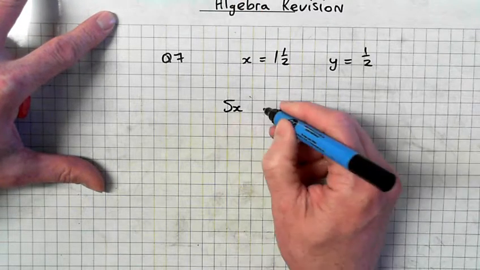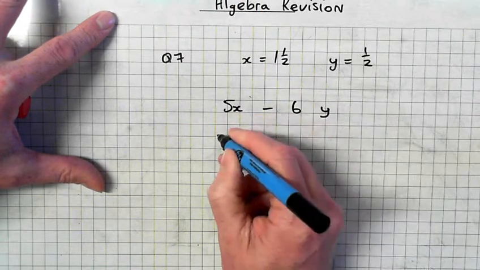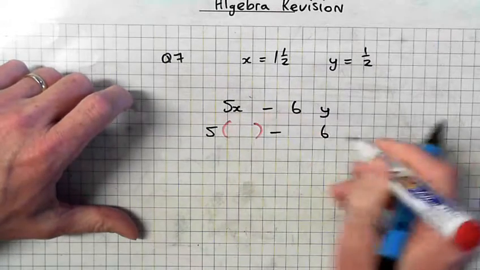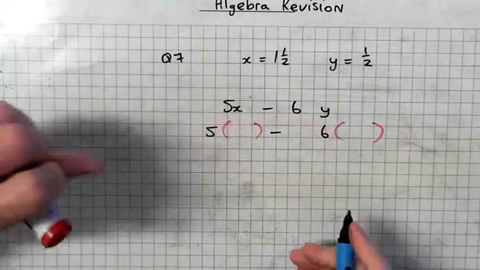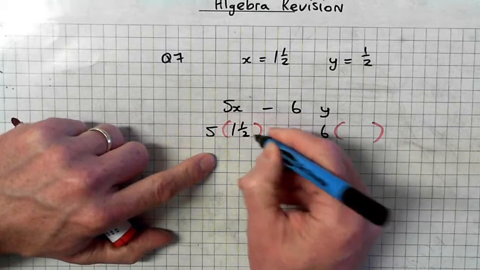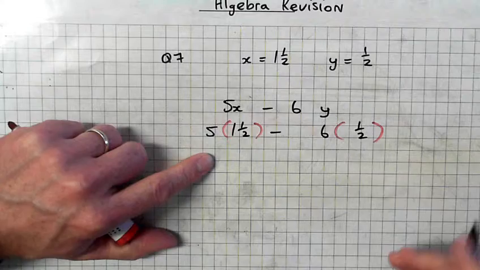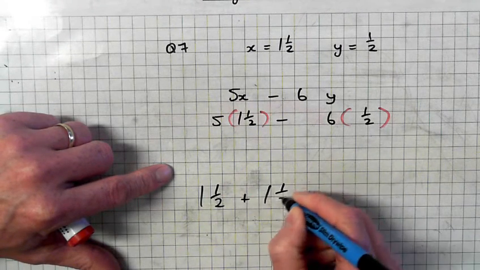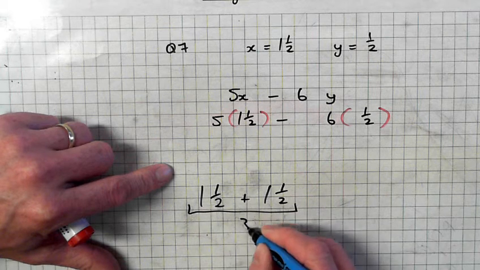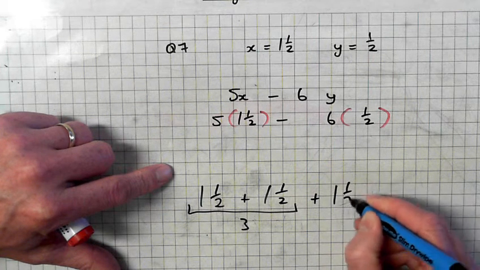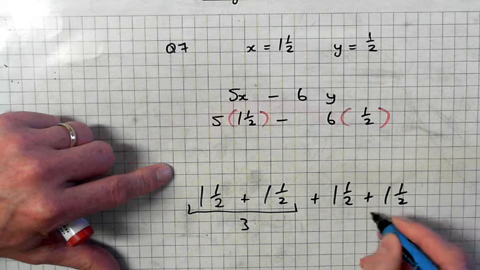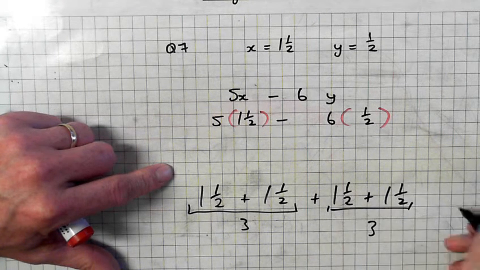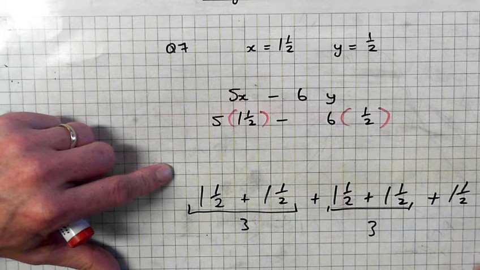Keep looking up. Alright, so over here that's 1.5, and this is a half again. So 1.5 plus 1.5, that's 3, isn't it? Plus 1.5 plus 1.5, that's another 3, plus 1.5.